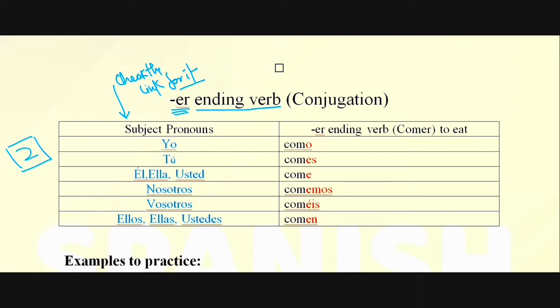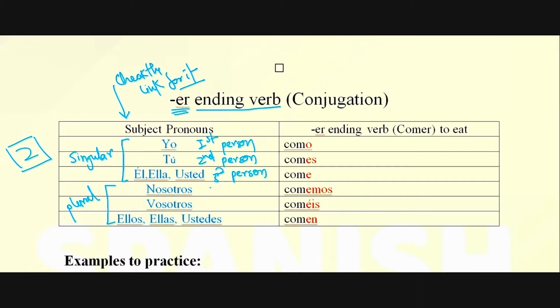Yo, tú, ella, usted, nosotros, vosotros, ellos, ellas, ustedes. First, second, third person singular. First, second, third person in plural. Yo is first person, tú is second person, ella and usted come under third person.